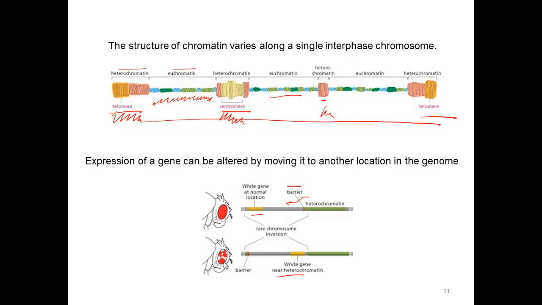And while it's slightly confusing that if the white gene is silenced, white would appear on the eye, nevertheless that is the case. There are many other instances like this, and almost any gene located near a centromere or a telomere is almost always less active than genes that are some distance from either of those two structures.